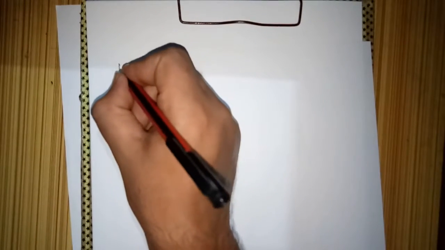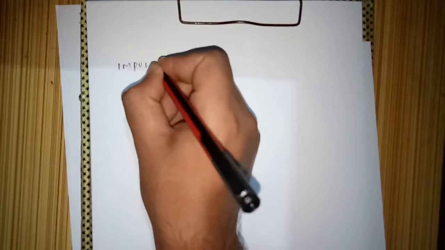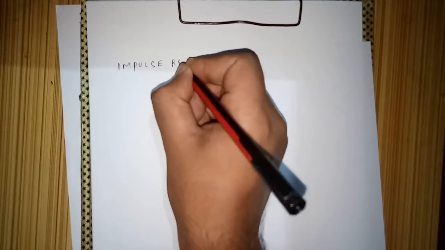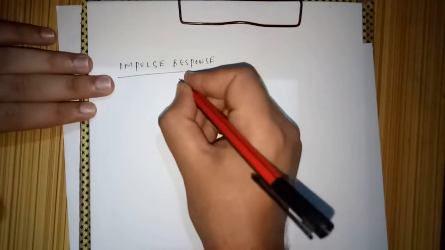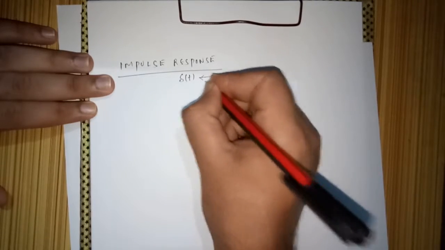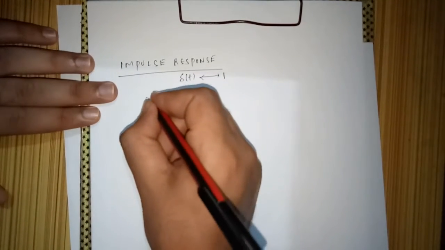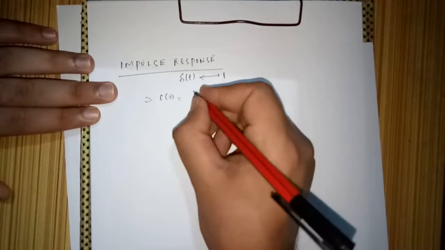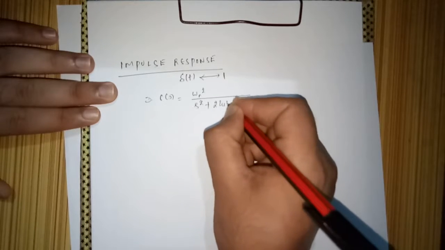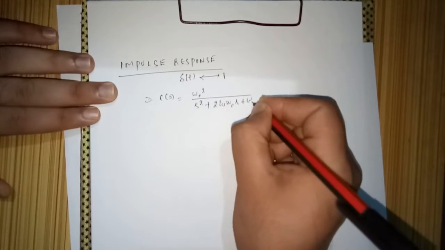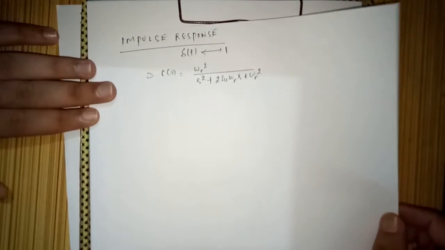Now we will look at the impulse response of a second order system. Impulse response we have seen in the case of first order system also. Now we want to analyze our second order system, so we will look at impulse response first of all. Impulse response delta t has its Laplace transform as 1. So I can write C of s is equal to omega n square by s square plus 2 zeta omega n s plus omega n square, right?